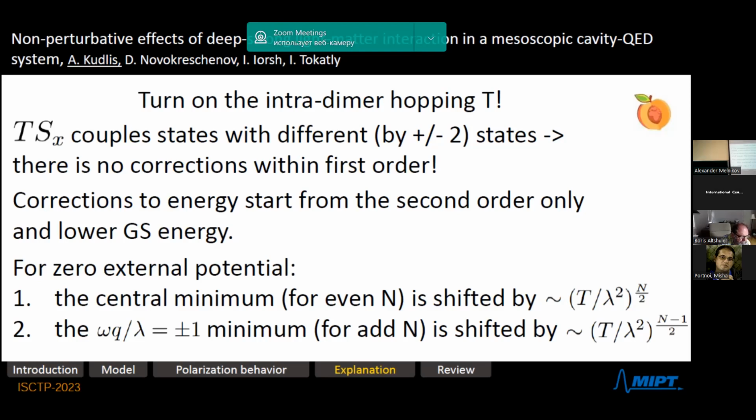Based on the structure of perturbation theory and eigenstates of the unperturbed model, we understand that first corrections can be obtained only within second order perturbation theory. And this contribution lowers the ground state.